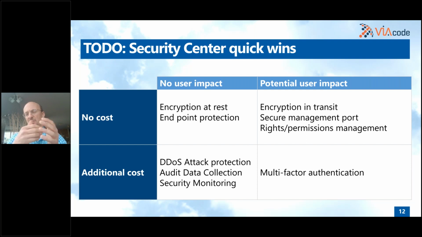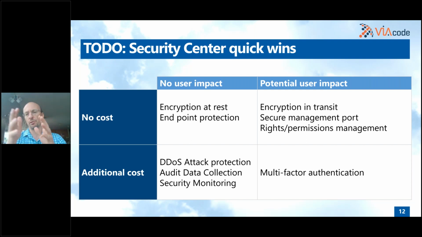We've seen scenarios, as a matter of fact, I will show a similar demo a little bit later, where implementing such recommendations would break your applications. So what we help customers with, and what we recommend you to think about, is to come up with a strategy for how to implement those Security Center recommendations. And we usually start with no impact, no cost.